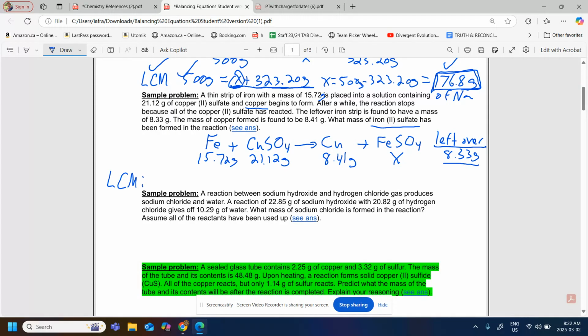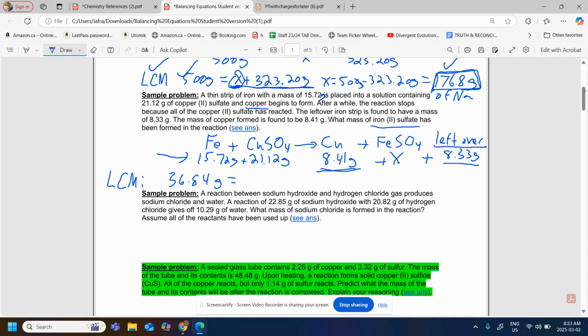So our mass at the beginning is the 15.72 plus 21.12. So we have 36.84 grams. That's just them added together, and it's going to be equal to the 8.41 plus x plus 8.33.